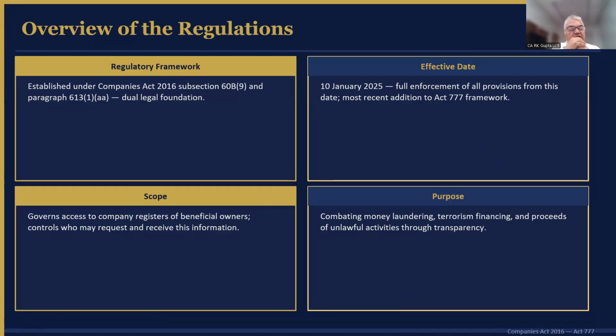Regulatory framework: established under Companies Act 2016, subsection 60B, subsection 9, and paragraph 613 double A, which is the dual legal foundation.